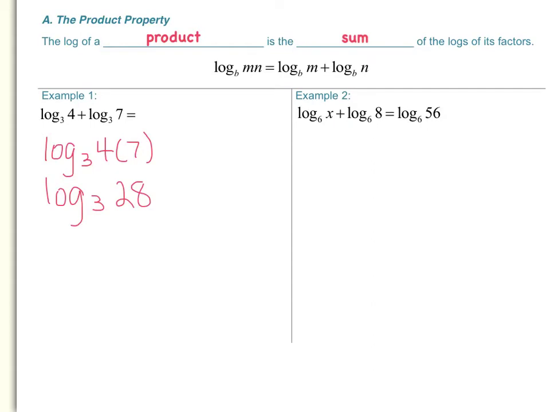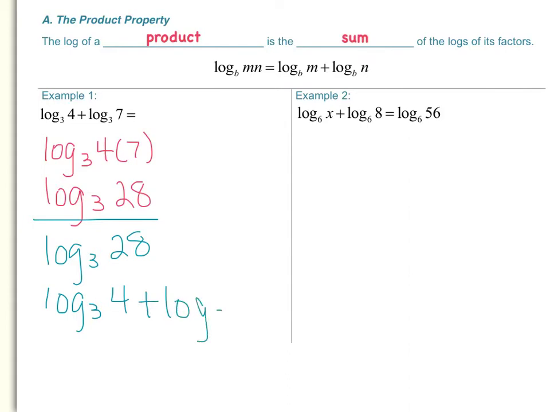Now, if we had started out with log base 3 of 28, you would look at 28 and ask, what are two factors of 28? Well, 4 times 7. So you could rewrite log base 3 of 28 as log base 3 of 4 plus log base 3 of 7.